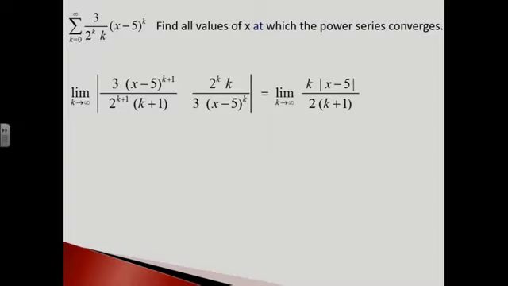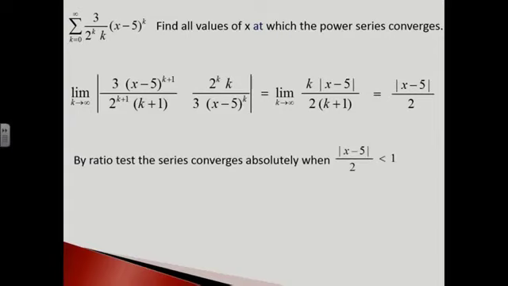The limit of k divided by (k plus 1) is 1, so the limit is the absolute value of x minus 5 divided by 2. The generalized ratio test tells us that this series converges absolutely when the absolute value of x minus 5 divided by 2 is less than 1. It implies that the absolute value of x minus 5 is less than 2.